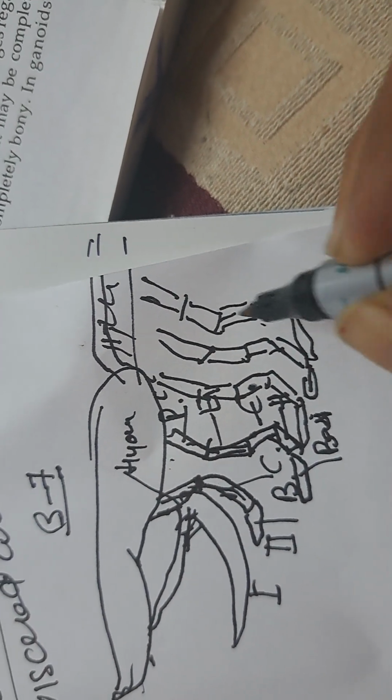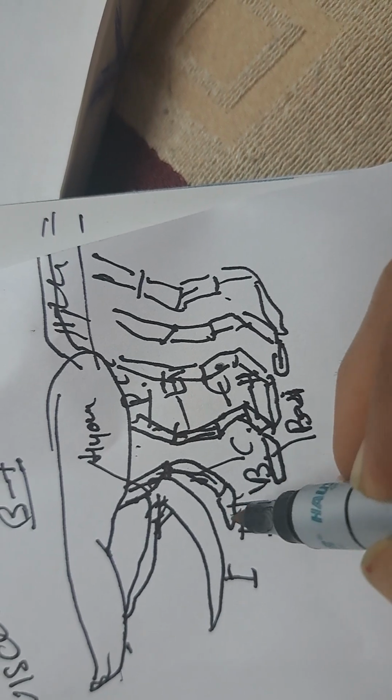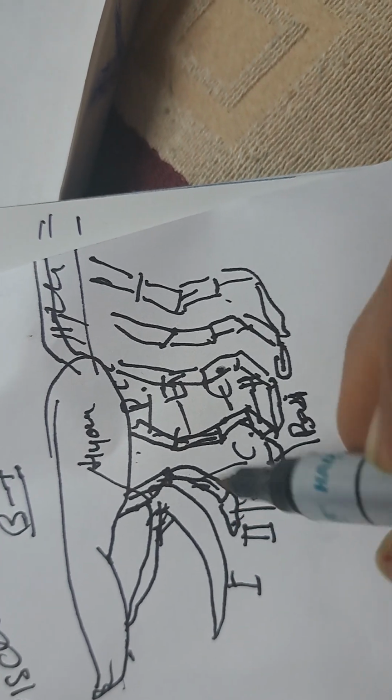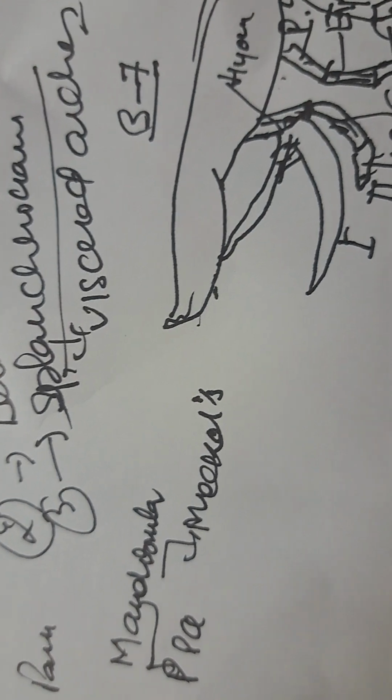The basibranchials together form the base of the pharynx, whereas the basihyal of the hyoid arch forms the floor of the buccal cavity. So this is the arrangement in case of cartilaginous fishes.